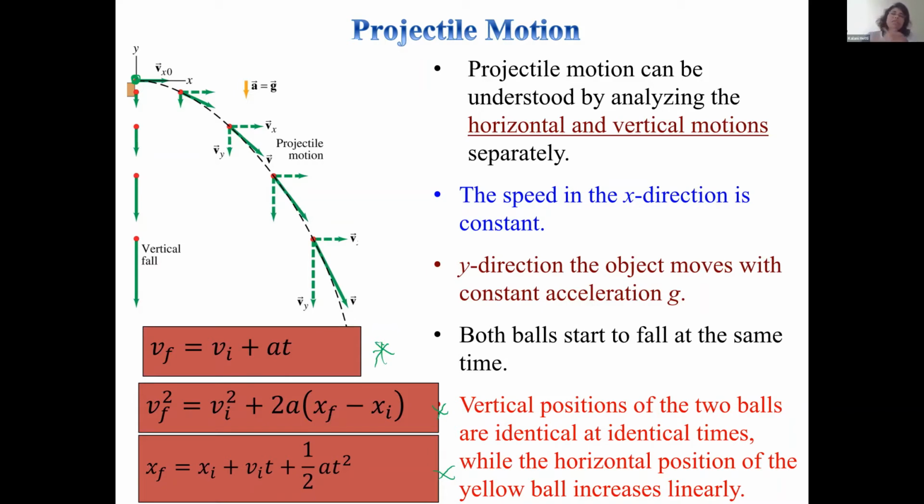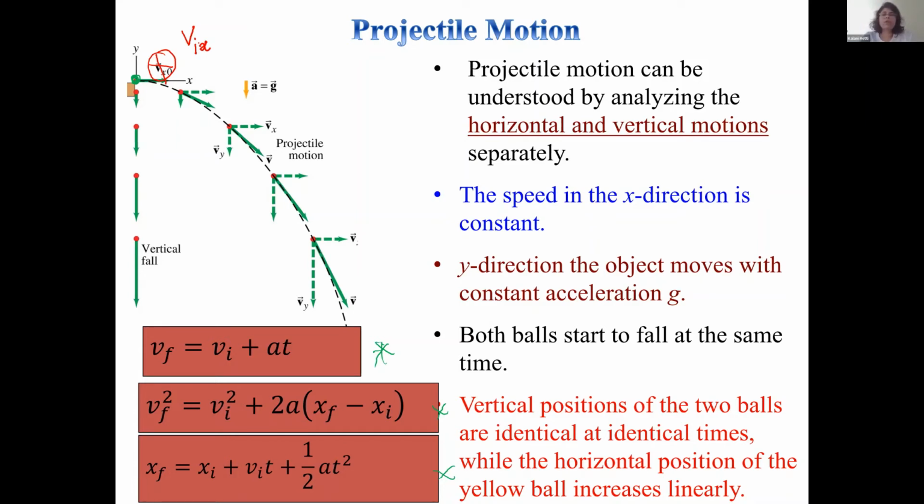So those things we know in vertical motion. So now when I project the ball, this ball will be projected with some velocity. Some people use v naught, but I would like to always use v initial x. Instead, some people use 0 as naught.